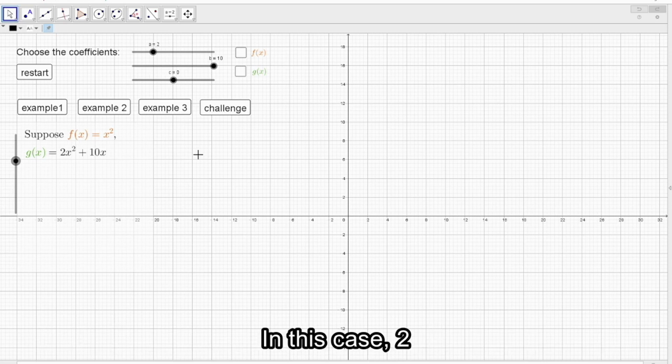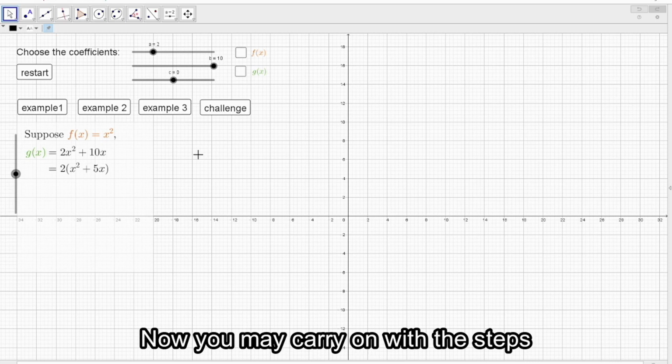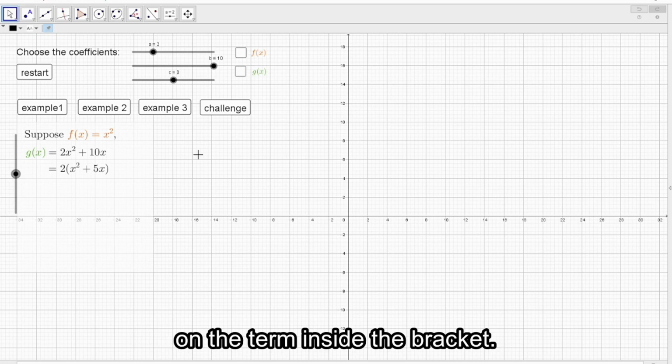In this case, of course, 2. Now, you may carry on with the steps on the terms inside the bracket.